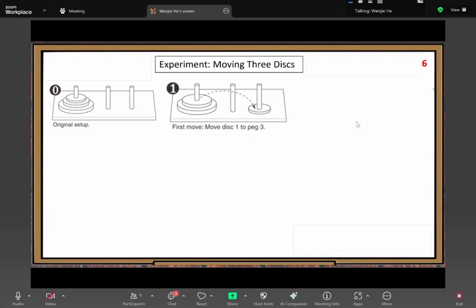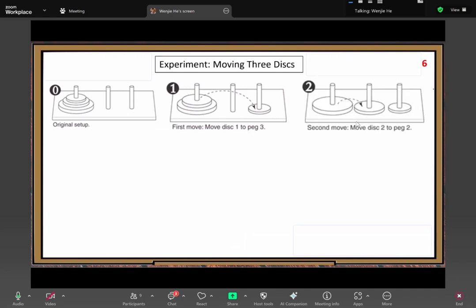Then, step 2, we can move the middle disk to peg 2. The reason we use peg 3 as a temporary peg is because we want to place the middle disk on peg 2.